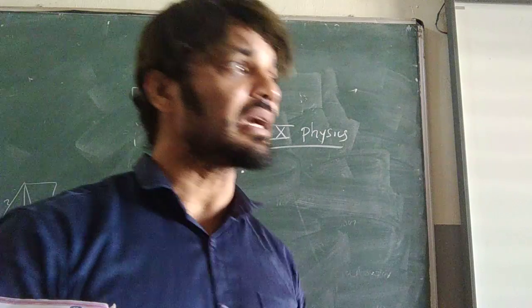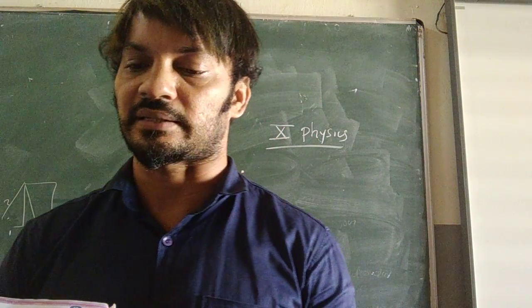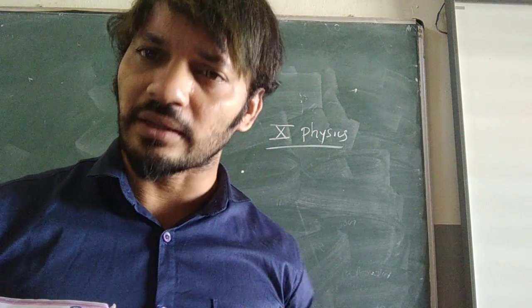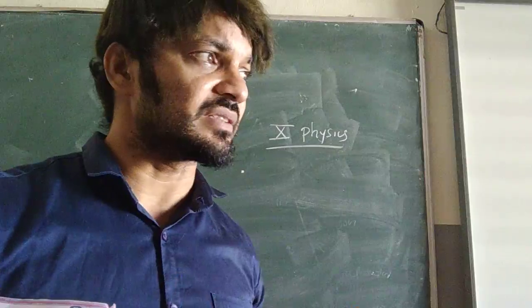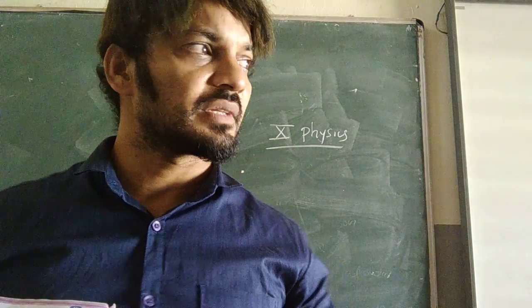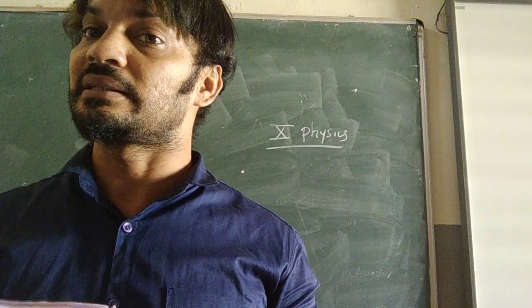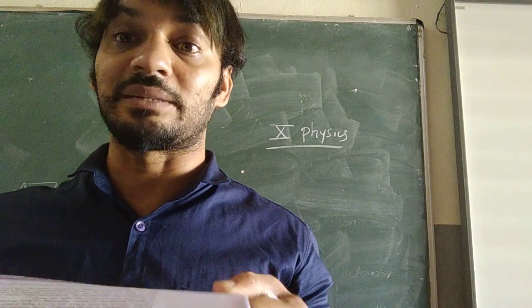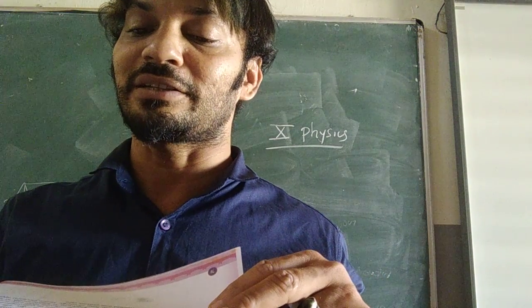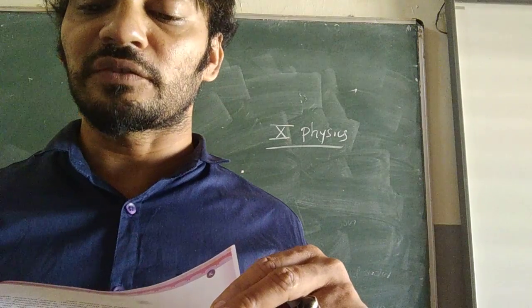Understood? Next topic is electric shock, page number 68. If the insulator of a device fails, there is a chance for electricity to pass through our body. At that time, what happens? The viscosity of the blood increases.